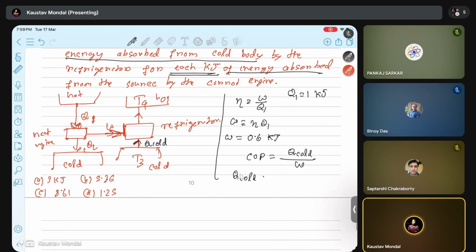So Q cold is COP, that is 5, times work done, that is 0.6 kilojoule. So this would become 3 kilojoule, right? So the correct answer will be 3 kilojoule.